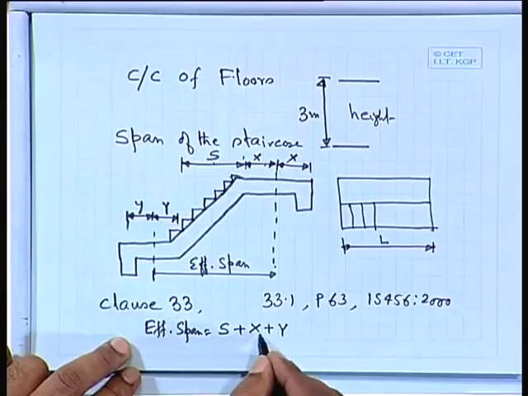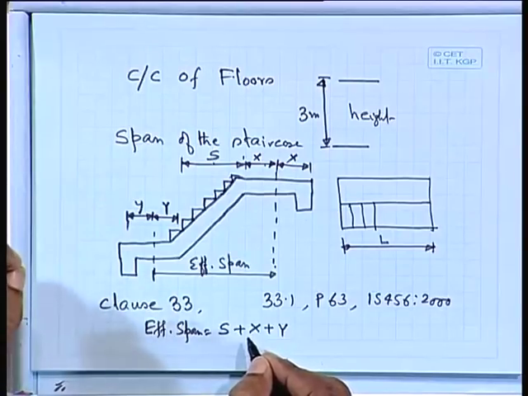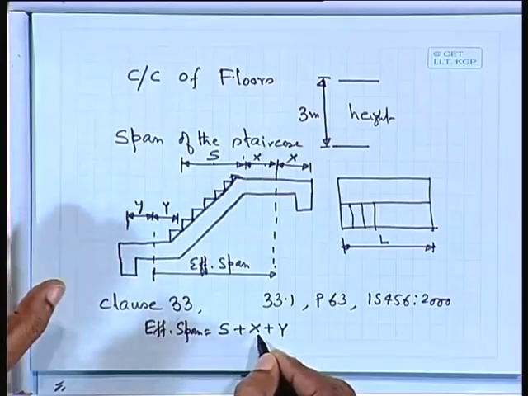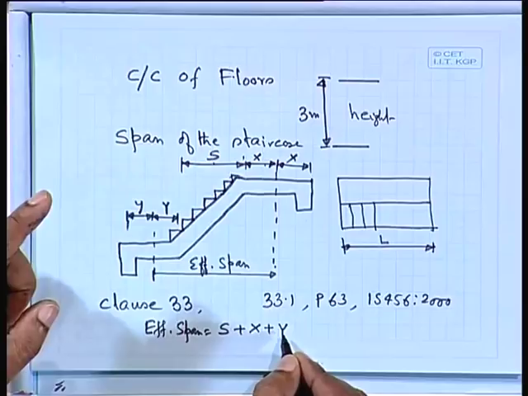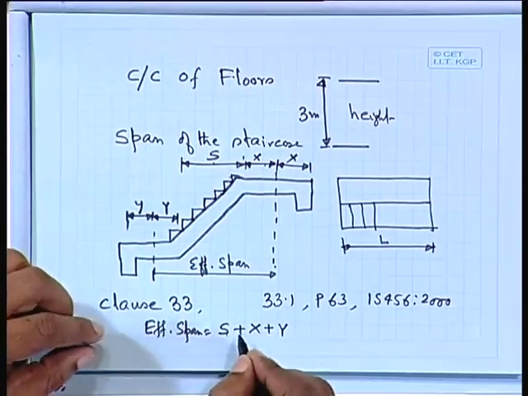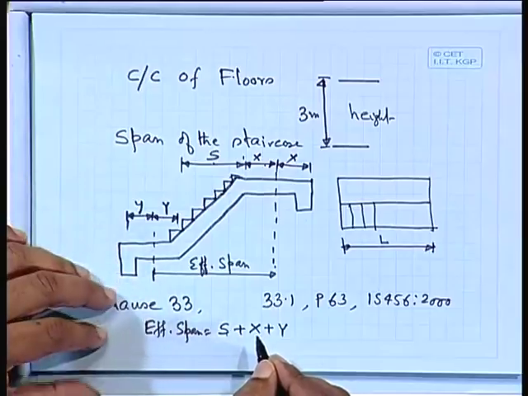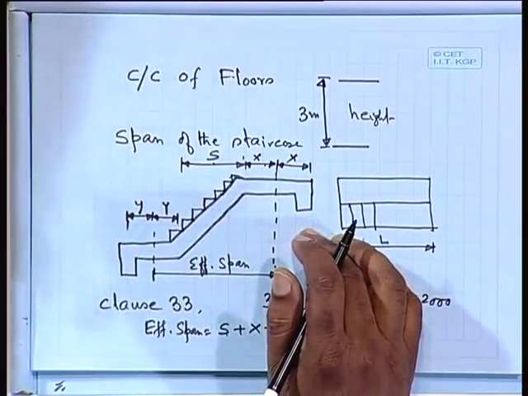If x is less than 1, then you take x only, whatever value you are getting. Say 0.75 meter, you take 0.75 meter; 0.8 meter, take 0.8. But if it is 1.2 meter, then you take it as 1 meter. Similarly for y also. So it should not be more than S plus 2. Okay, so now I know what our effective span should be.